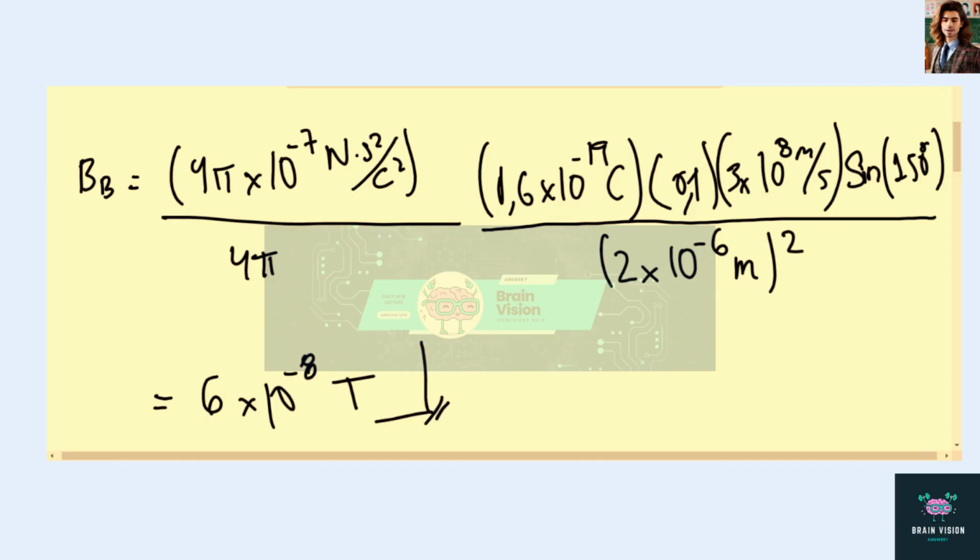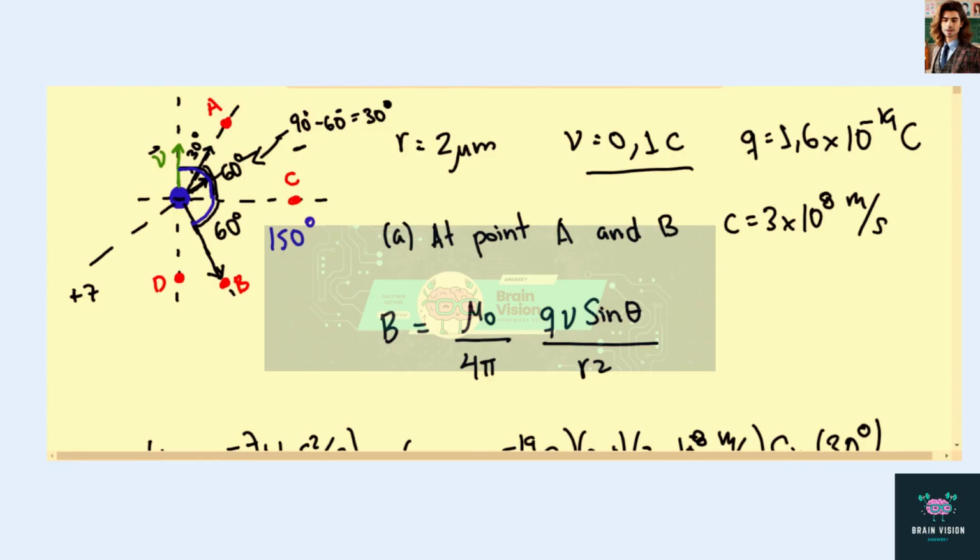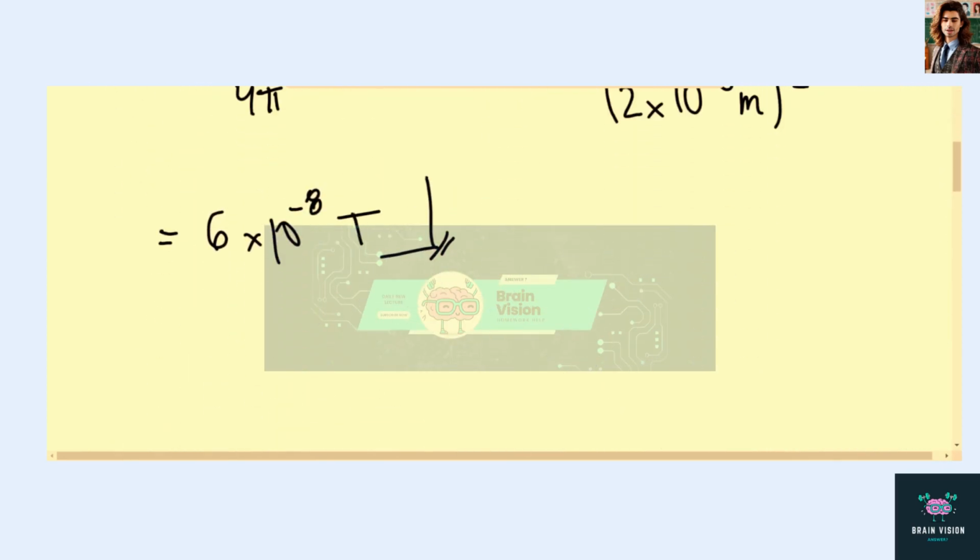Now, the direction, again, we put our right hand in the direction of v, and we go from there to the vector r, and we will see that again, that direction is inward. So we will have something like a vector going inward.